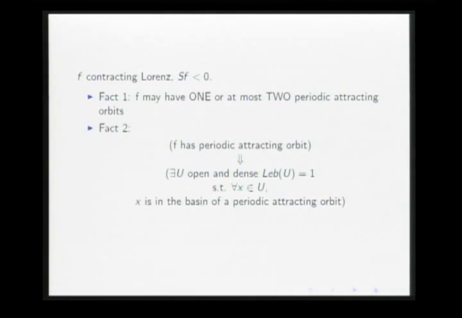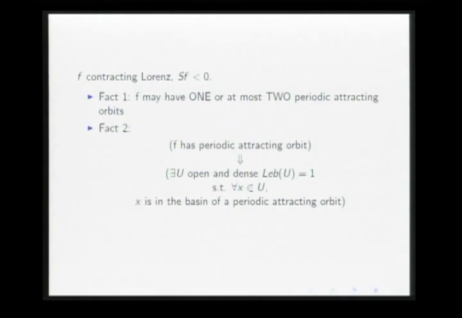You can have one or you can have two periodic attractors because it's limited by a number related to the critical points, as in Singer's theorem. The discontinuity gives you the possibility of having more than one. You can have two, but at most two.